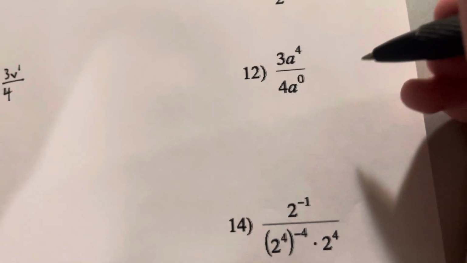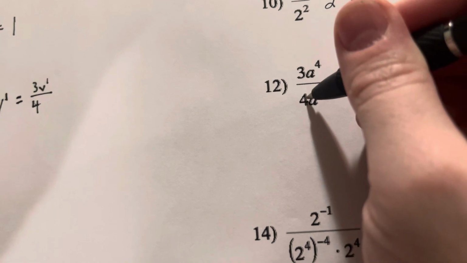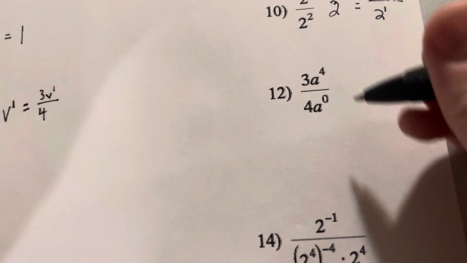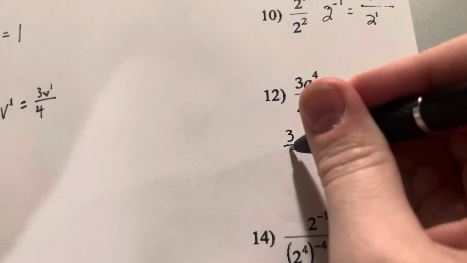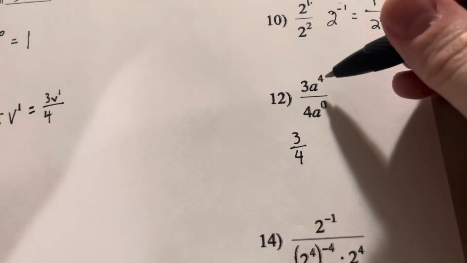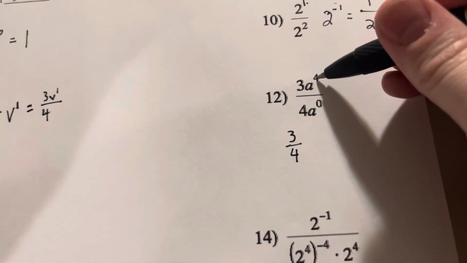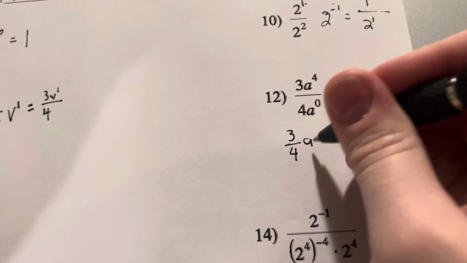Last one for this section. We have 3a to the 4th and 4a to the 0. Again, 3/4 does not divide very pretty, so I'm going to leave it like a fraction and do the subtraction. 4 minus 0 gives me a to the 4th.